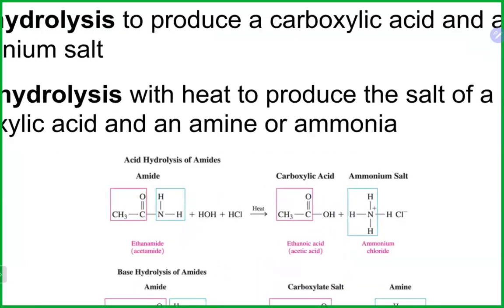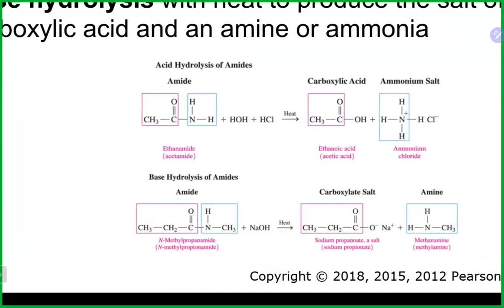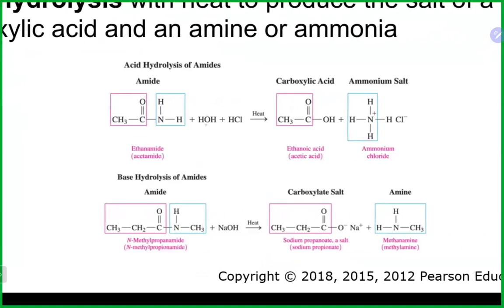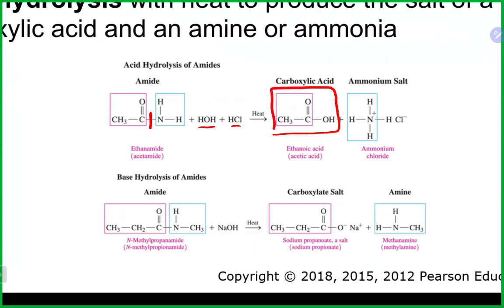So for example, if we take a peek at this guy, here's our amide, and we're going to use water and an acid. What's going to happen is where it comes together is exactly where it's going to break apart. In this particular case, we will get back a carboxylic acid completely. So we'll use up an OH, and we will add on hydrogens there.